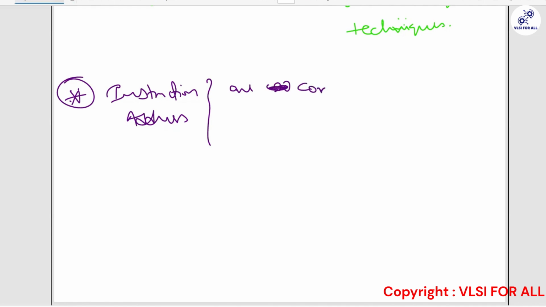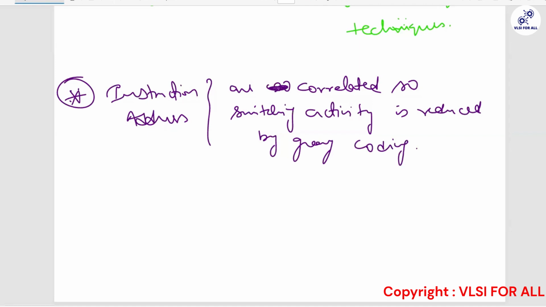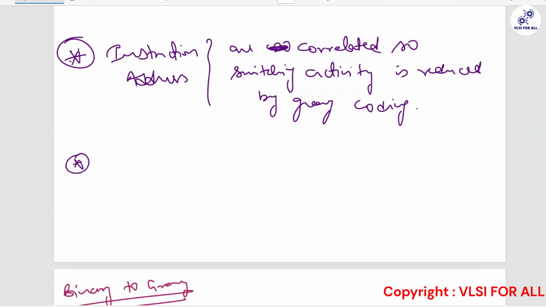Instruction addresses are correlated, so switching activity is reduced by gray coding. For data addresses, these are not correlated.